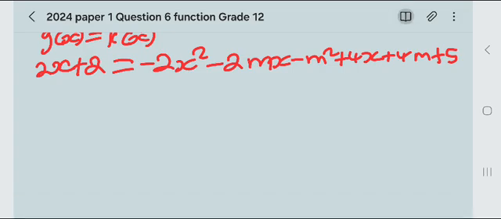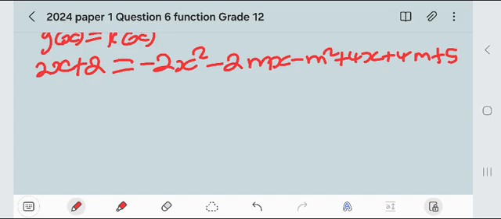This is the equation that we have there. So let us solve. I will take the like terms, and you will see what we go about.